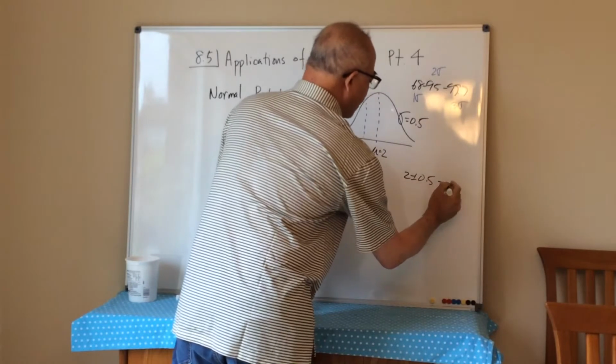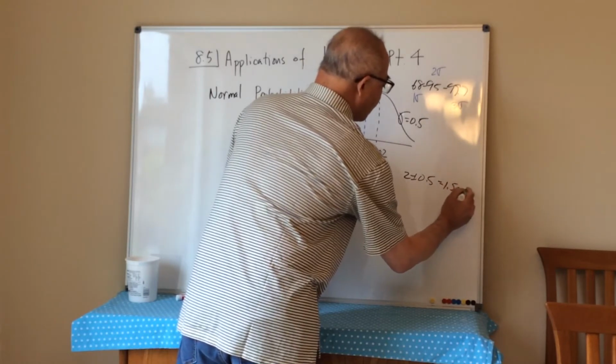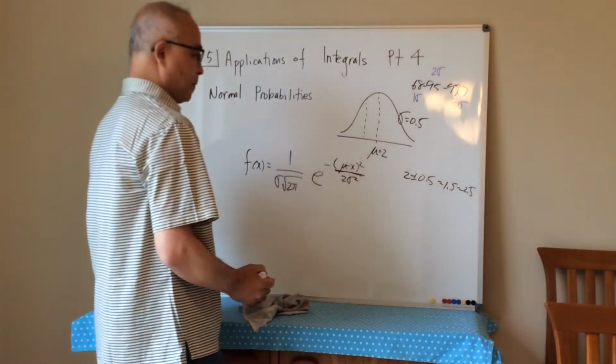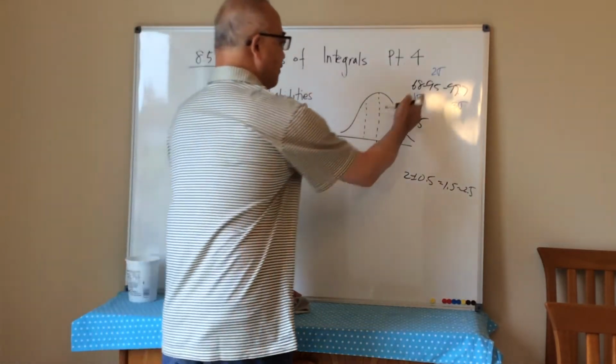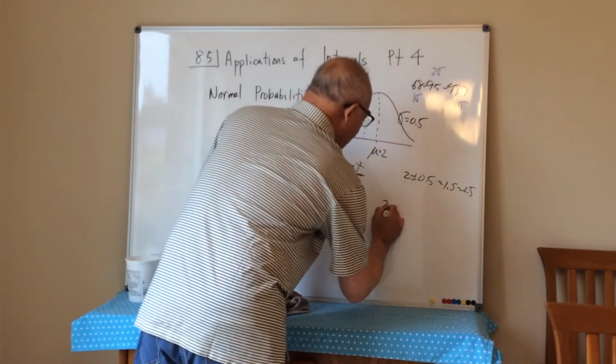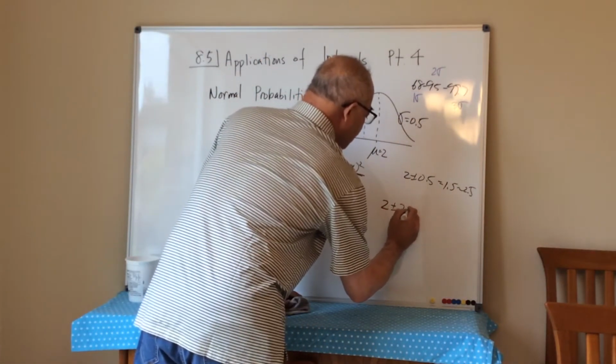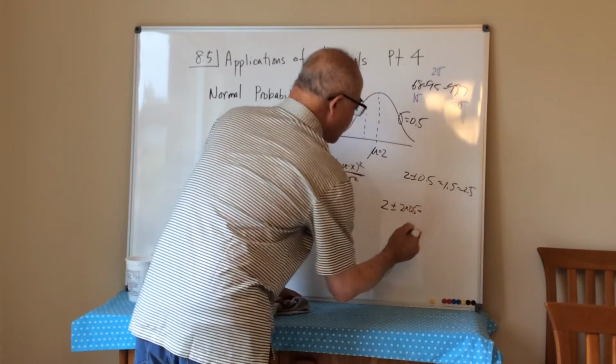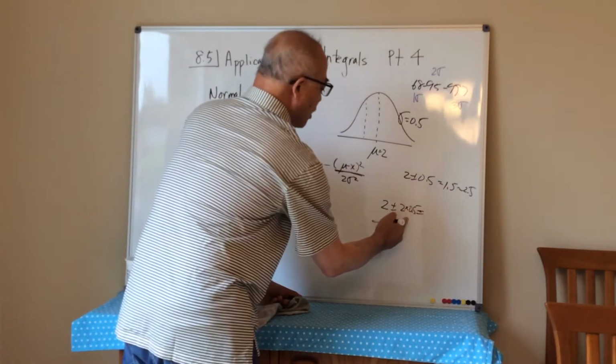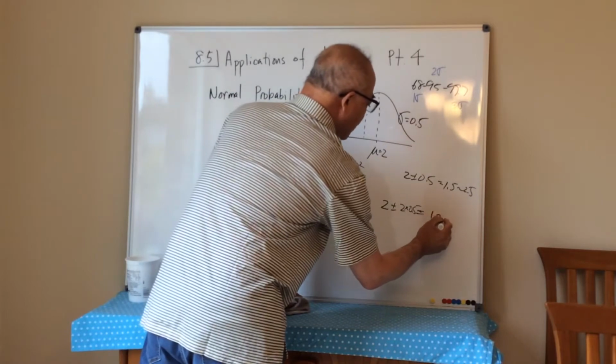That's going to be between 1.5 and 2.5. Okay? 95% is going to be 2 plus or minus 2 sigma, so it's going to be between 1 and 3.